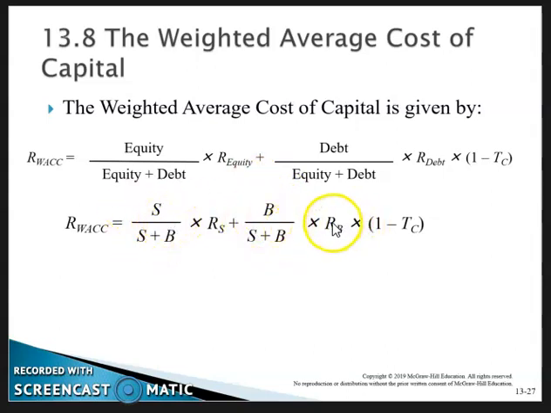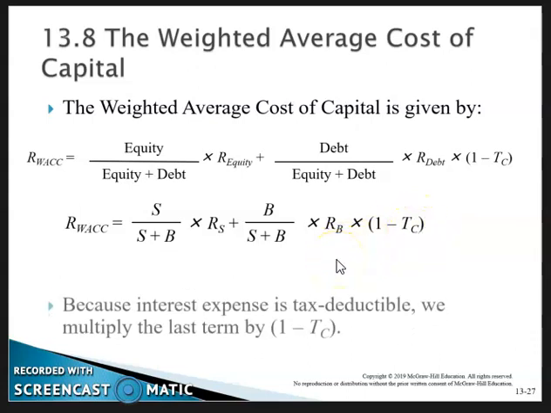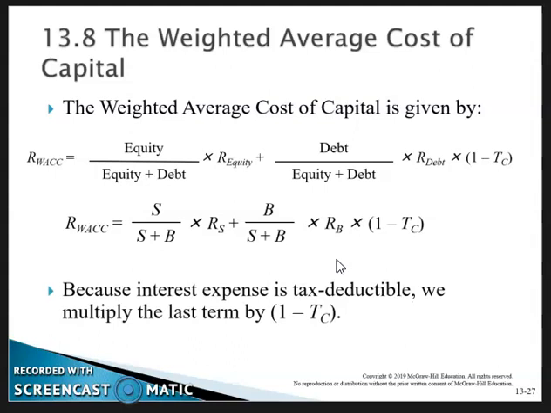We multiply the bond weight by the required rate of return on bonds, or the yield to maturity on the company's debt. This portion gives us the pre-tax cost of debt. Then we multiply it by 1 minus the tax rate to give us the after-tax cost of debt. This is because interest expense is tax deductible, so we multiply that term by 1 minus the corporate tax rate.